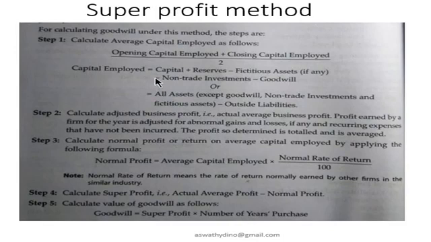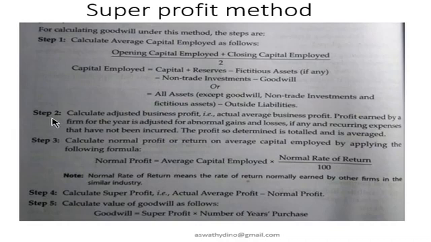Either by the liability approach or by the asset approach. In the liability approach, capital plus reserve minus fictitious assets if any, minus non-trade investment, minus goodwill, gives capital employed. If you follow the asset approach, all assets except goodwill, non-trade investments and fictitious assets, minus outside liabilities, give capital employed. So that is the first step.